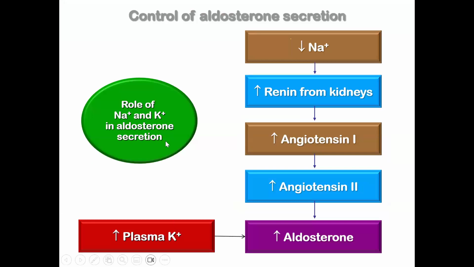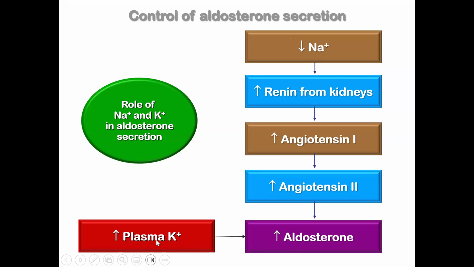Now, how is aldosterone secretion regulated? Since aldosterone's function is to regulate the levels of sodium and potassium, these are the two ions which can cause an increase or a decrease in aldosterone secretion. Aldosterone secretion will increase if there is an increase in the potassium levels in the blood. Increased potassium level in the blood will stimulate the adrenal gland directly to release more aldosterone, because one of the functions of aldosterone is to cause loss of potassium from the kidneys.